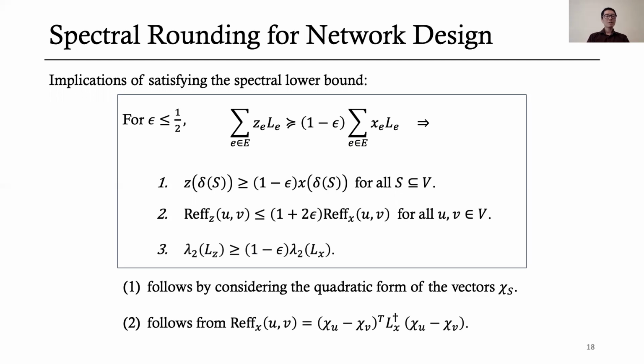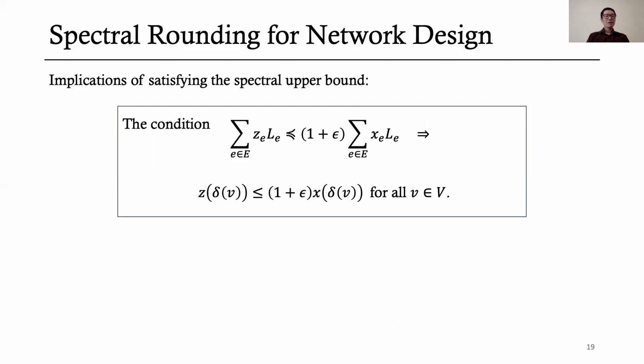Finally, we can also satisfy the algebraic connectivity. We can simply check the second smallest eigenvalue of the Laplacian matrix. We remark that if we set epsilon equal to 0 here, we can actually satisfy all the constraints exactly.